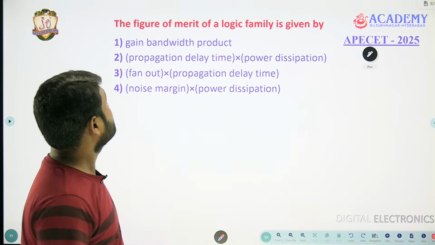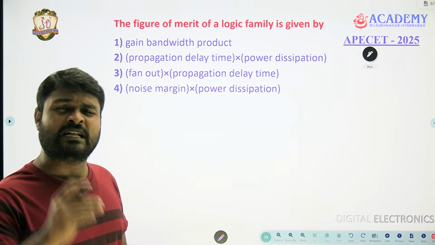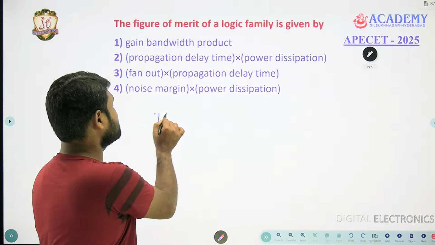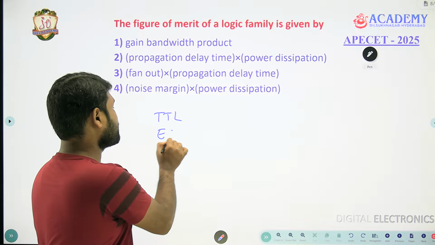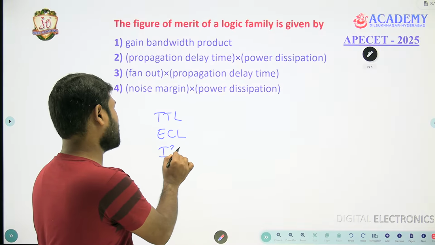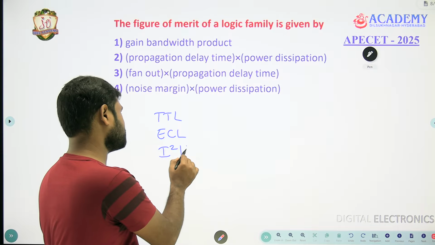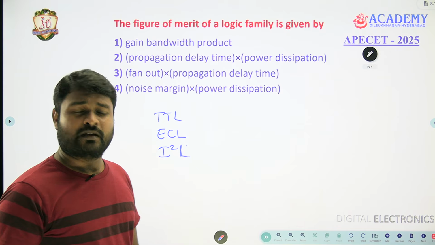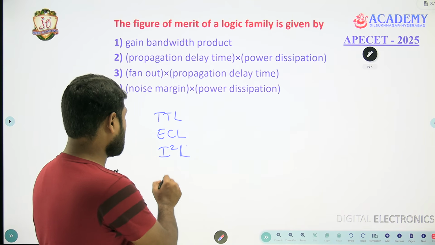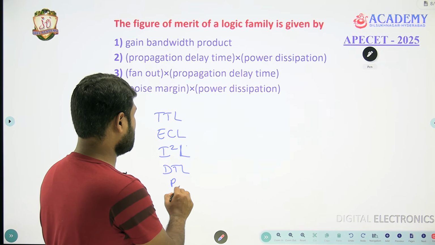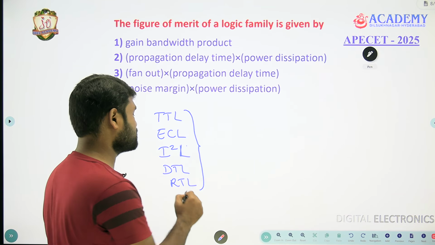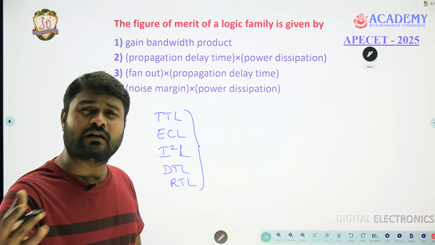If you see this question, the figure of merit of any logic family, you take any of TTL, ECL, I squared L logic, anything. Any logic you take, DTL, RTL, all these logic families, we can make standard gates like NAND, NOR.